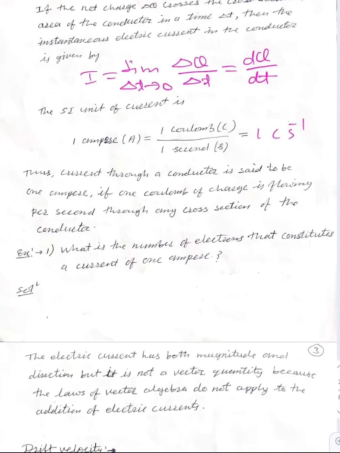Example: what is the number of electrons that constitutes a current of 1 ampere?